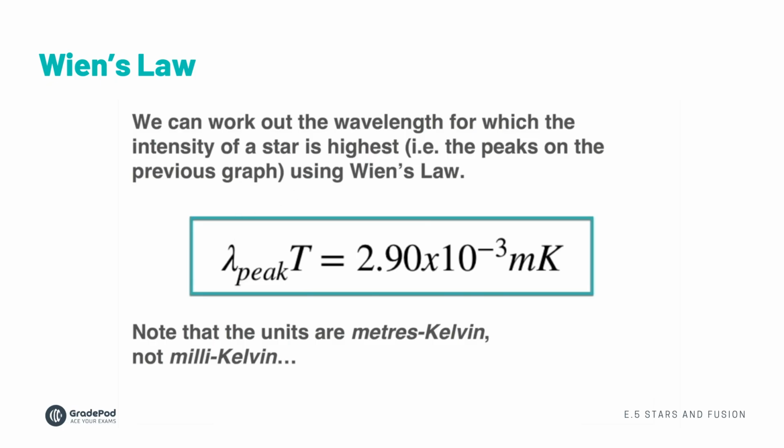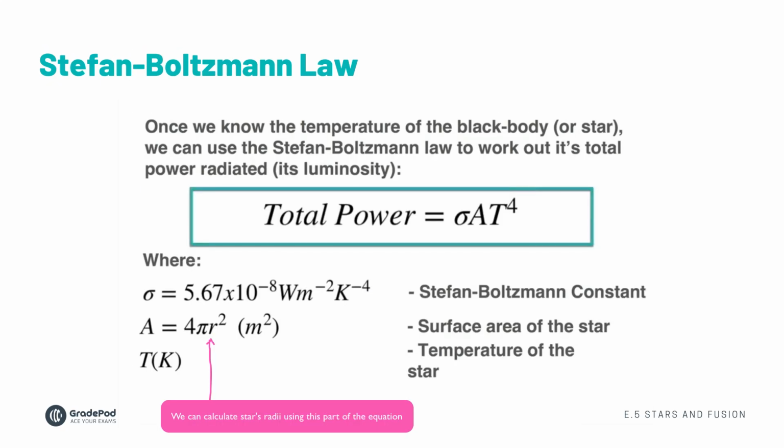A hot star or a hot black body will be radiating electromagnetic energy. And the amount that it radiates per second is known as the power, or its luminosity. Anything that's warm will radiate energy per second.